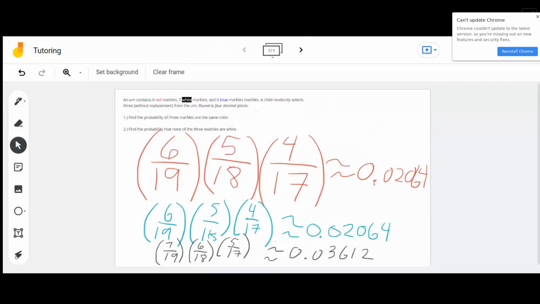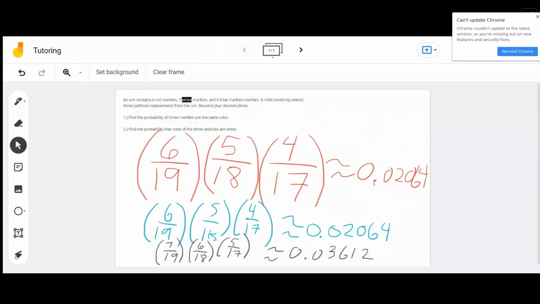Now, this still doesn't answer our question because we need to find the probability of the 3 marbles being the same color. That means any one of these 3 events can happen. Either you get 3 red marbles in a row, 3 blue marbles, or 3 white marbles in a row. If it's okay for this or this or this to happen, the general rule of thumb is that you can just add these probabilities.